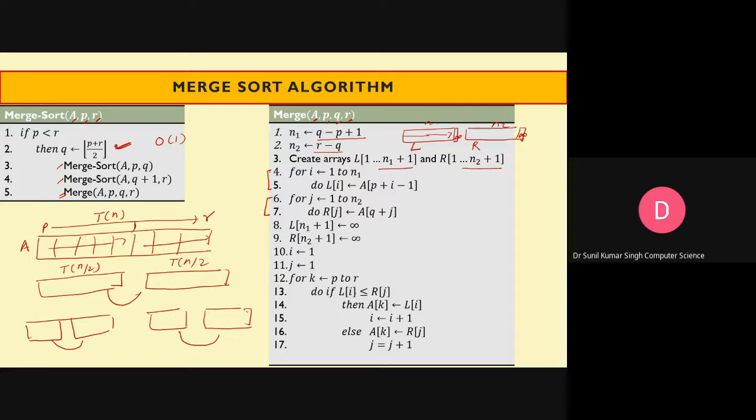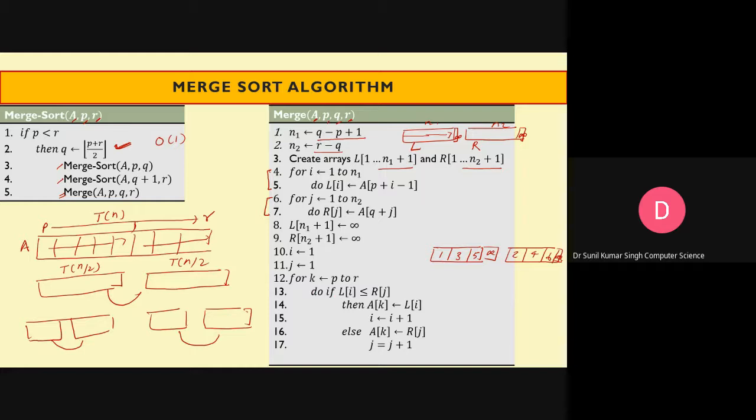So here the sublists are something like, let's say, 1, maybe 3, and 5, and this is a sublist, and the elements in the second sublist are 2, 4 and 6, or maybe here infinity.